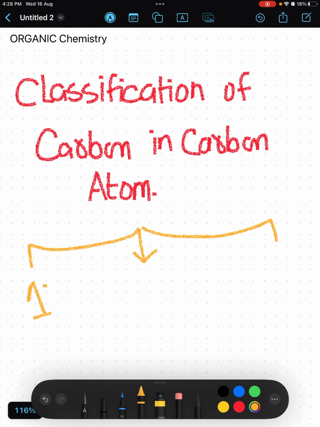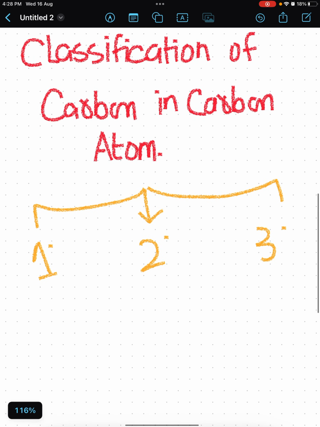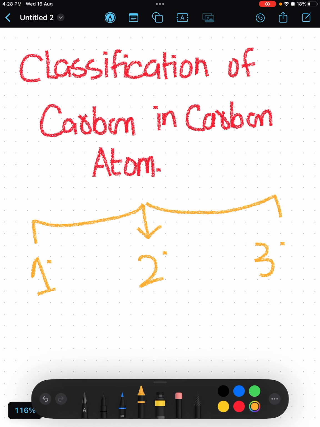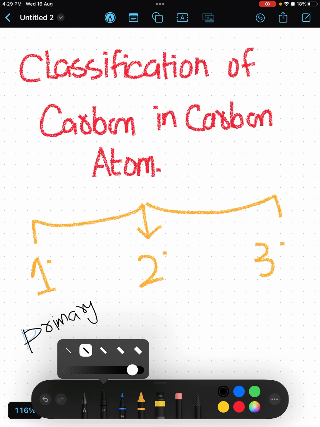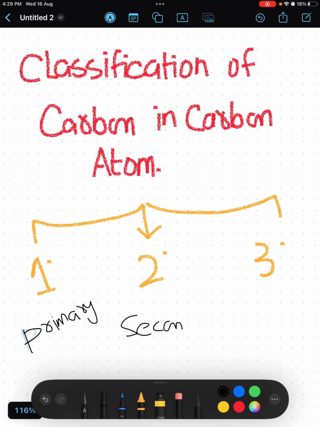First degree carbon, second degree carbon, third degree carbon, right? We can call this primary, this secondary, and this tertiary, right?